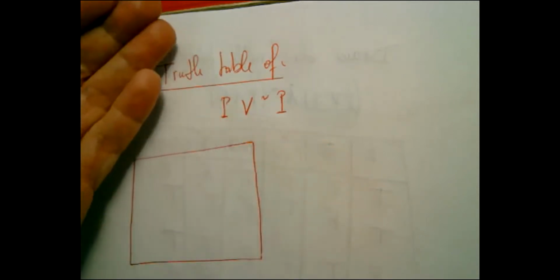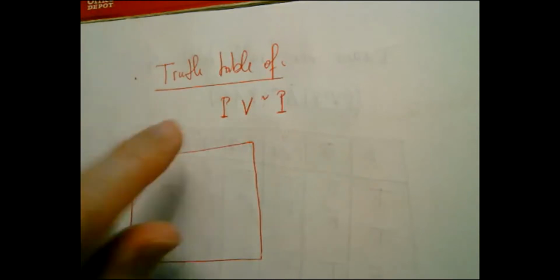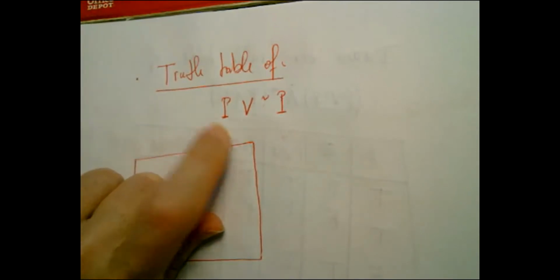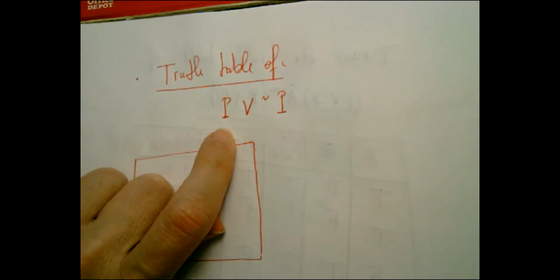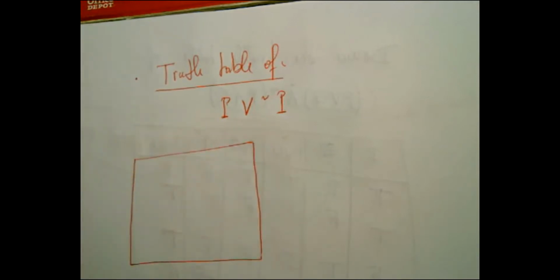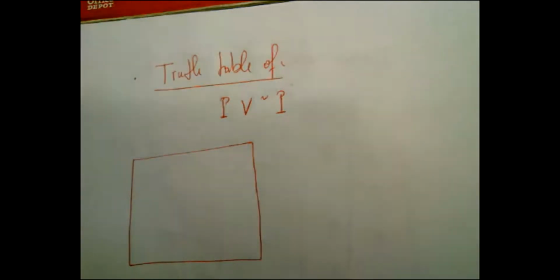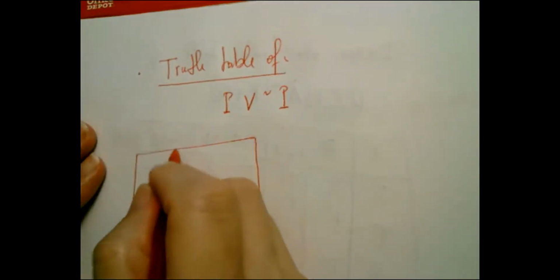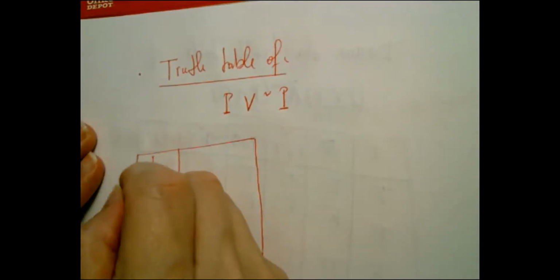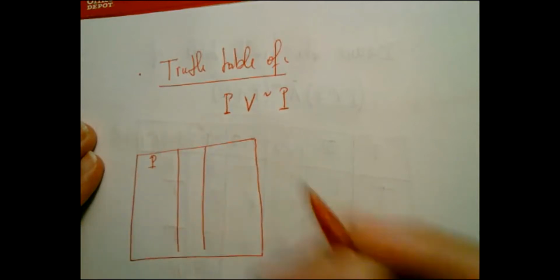Because take anything. If I tell you X is 0 or X is not 0, that's always true, whether you know X or you don't know X. Either it's 0 or not 0, my statement is always true, even if you don't even know X. Because non-P is not P. So either the statement is P or is not P. Okay, the truth table will actually show it to us immediately.